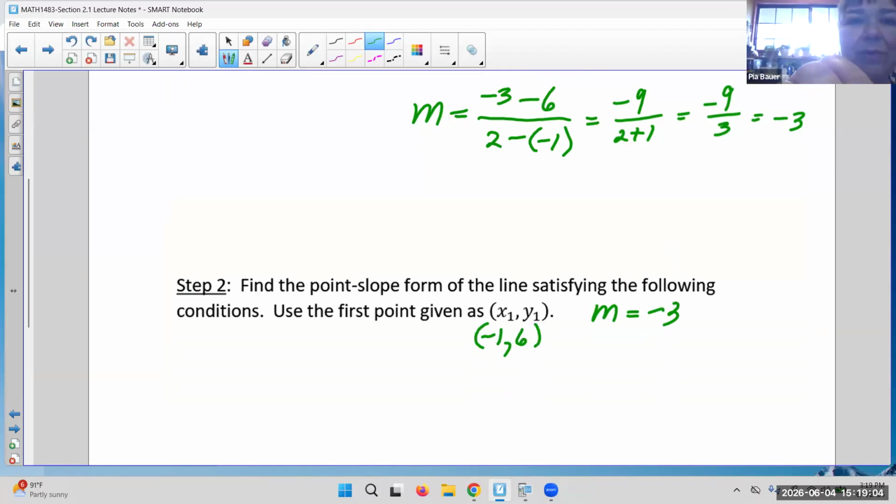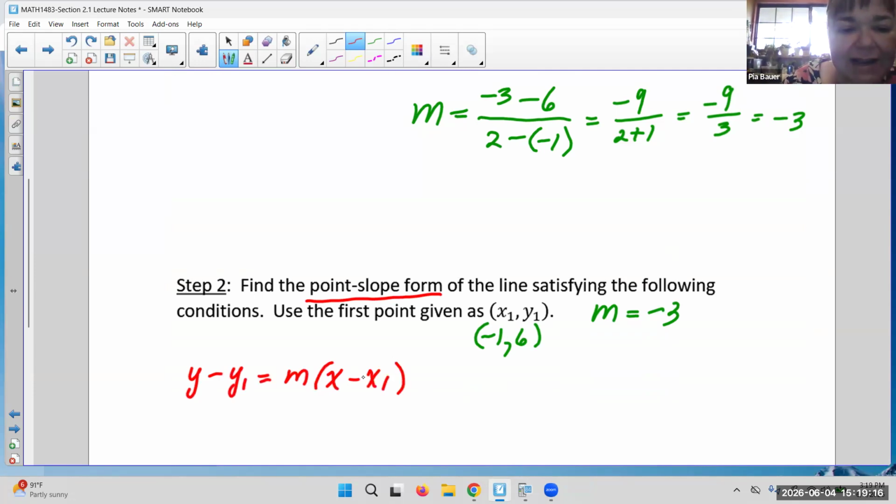And now remember the point slope form is y minus y1 equals m times x minus x1. And I have everything I need here, so I'm going to substitute y minus y1, and y1 is a 6, equals m, which is a negative 3, times x minus x1, that will be a negative 1.